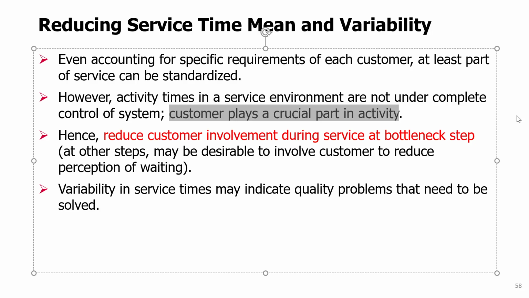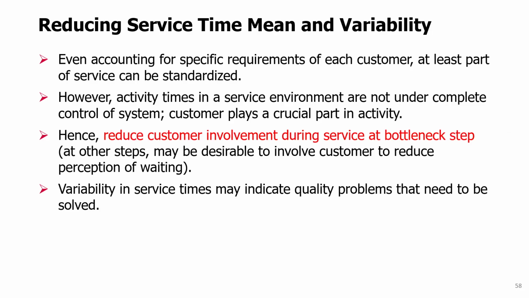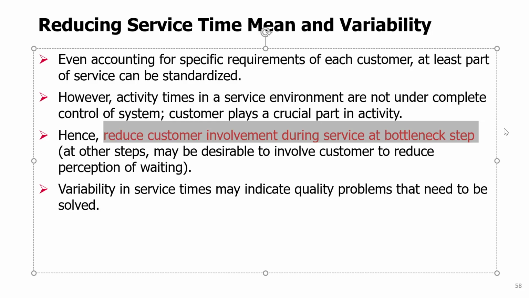One way to improve the processes is to reduce customer involvement during a bottleneck step. So, for example, we might have in a banking situation, when you have a call center for a banking service, often the critical step that you always have to do is identify the customer.